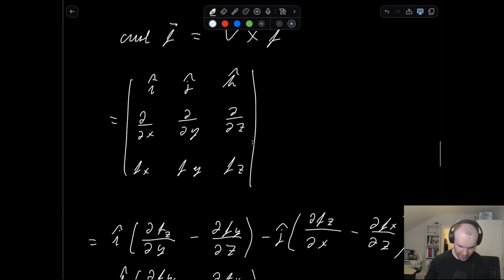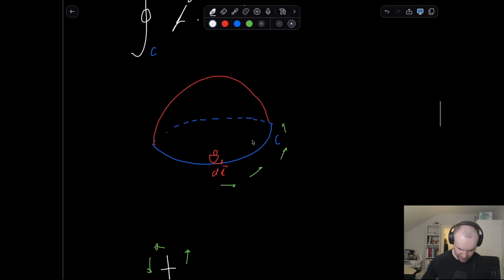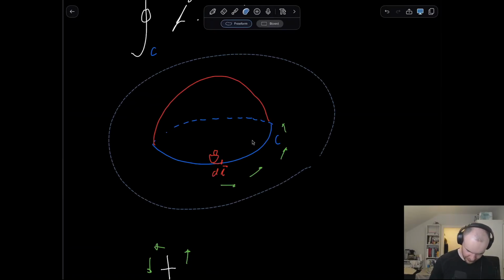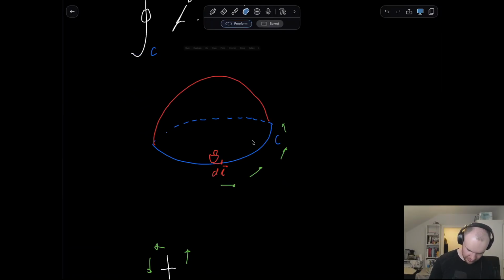Right, now let's see. We have Stokes' theorem. Actually, for Stokes' theorem, I can use my beautiful image here, because that will work very well. Copy, and then paste.